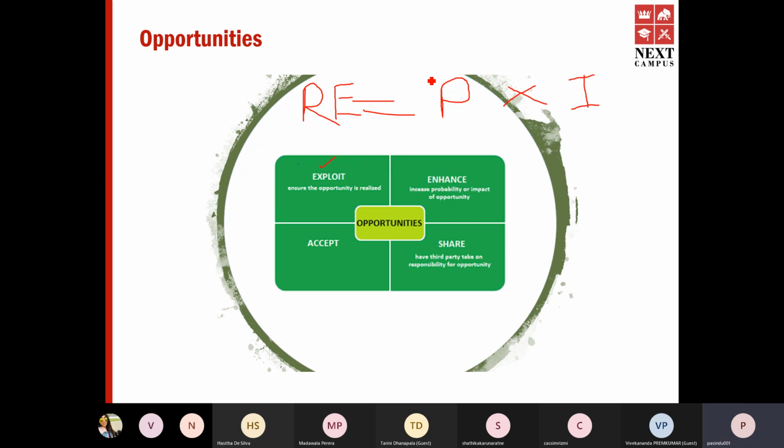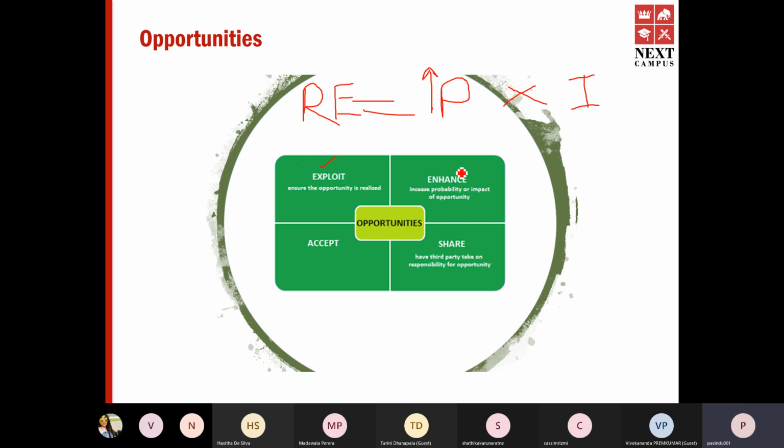You would try to increase the probability of that risk happening. If it's to win a lottery, you would try to get more lottery tickets so that you have a higher chance of winning the lottery. So you increase the probability, increase the odds. That's exploiting.